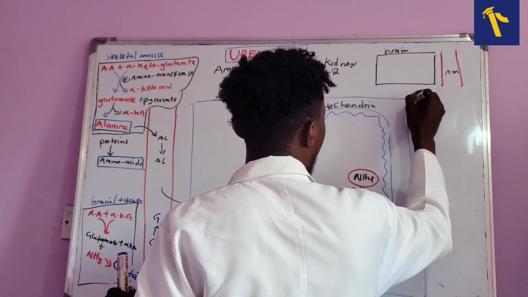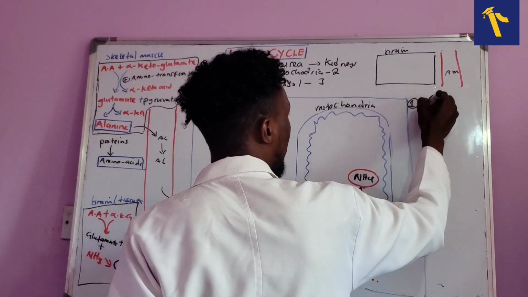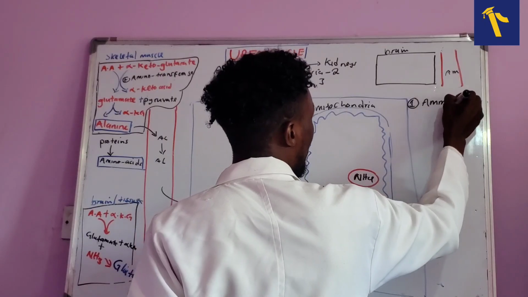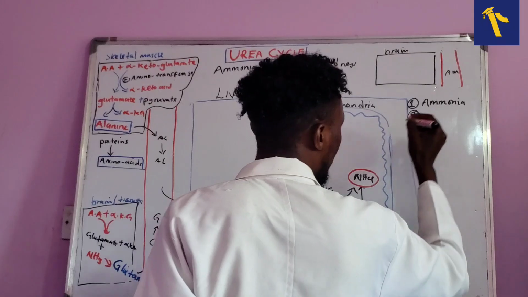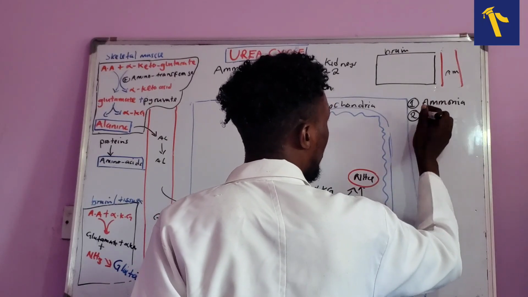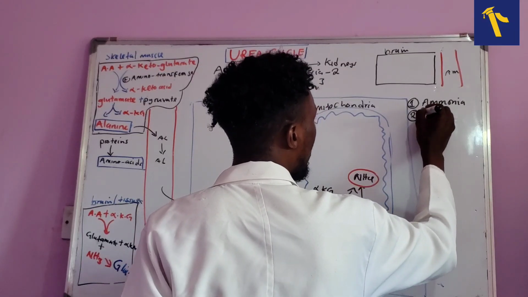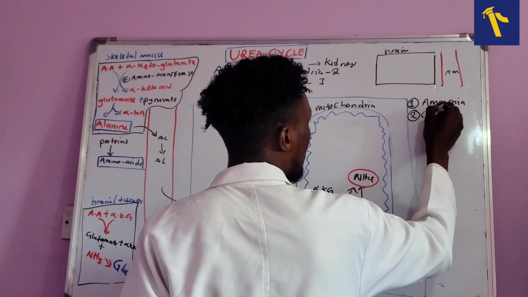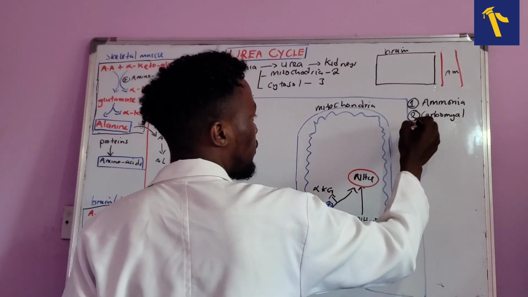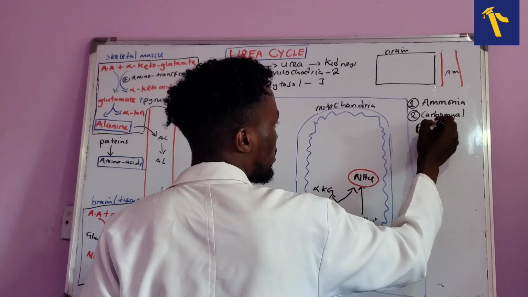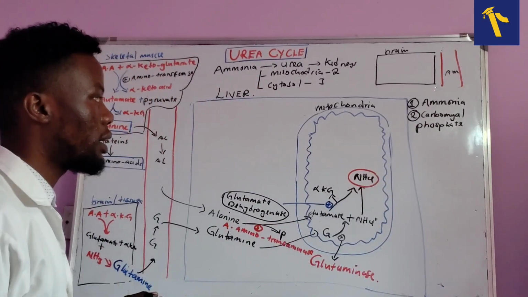We're going to list the first one. The first molecule, we know, is ammonia. The second molecule, I'm going to abbreviate this one, is carbamoyl phosphate.